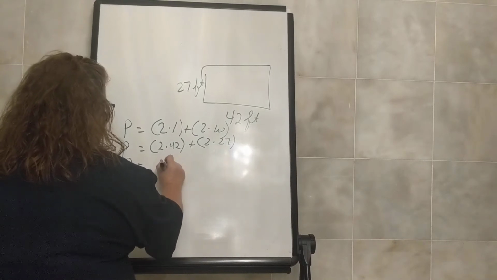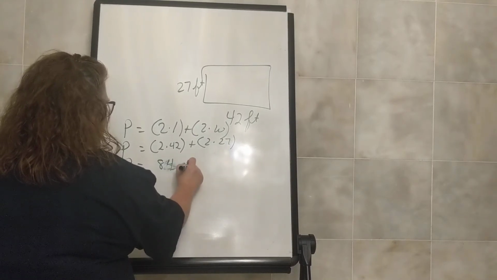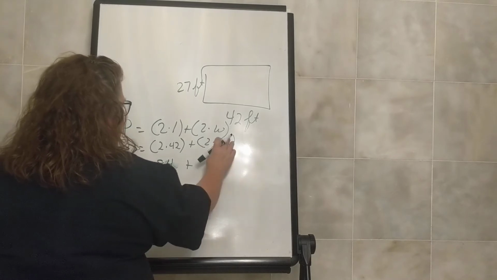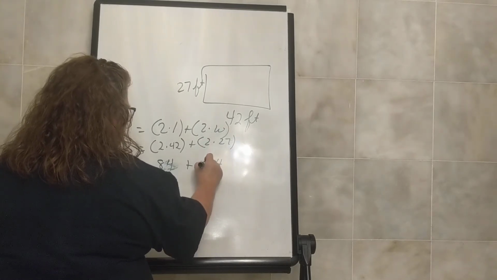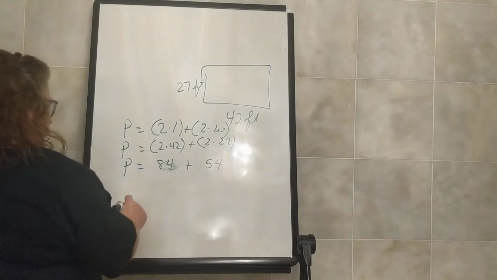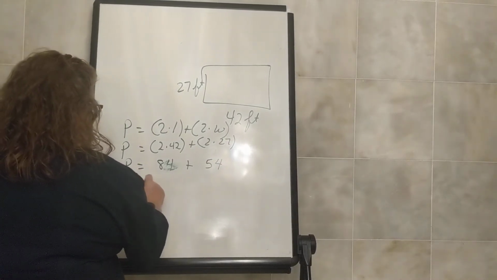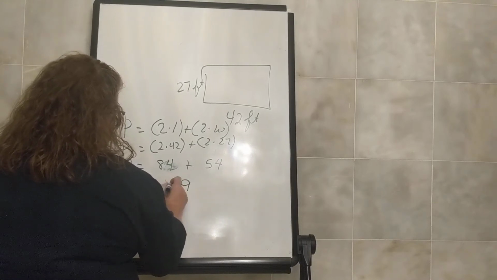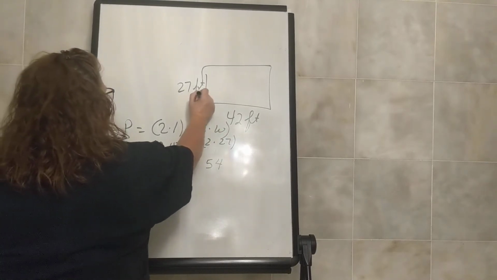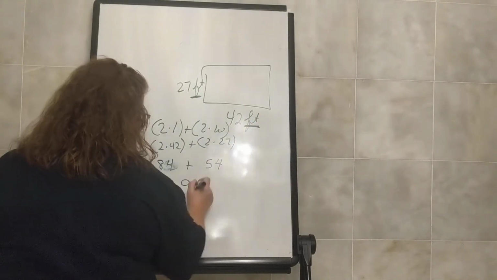I'm sorry, and 4 times 2 is 8, plus 2 times 27. 2 times 7 is 14. And 2 times 2 is 4 plus 1 is 5. So it's 54 plus 84. Perimeter equals 5 and 4 is 9. 8 and 5 is 13. Perimeter equals 139 feet.